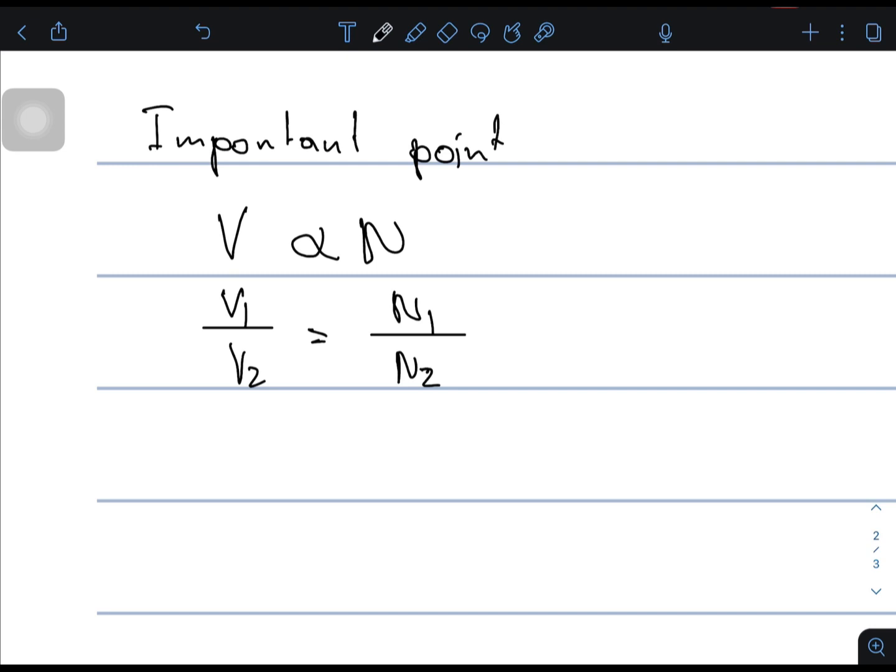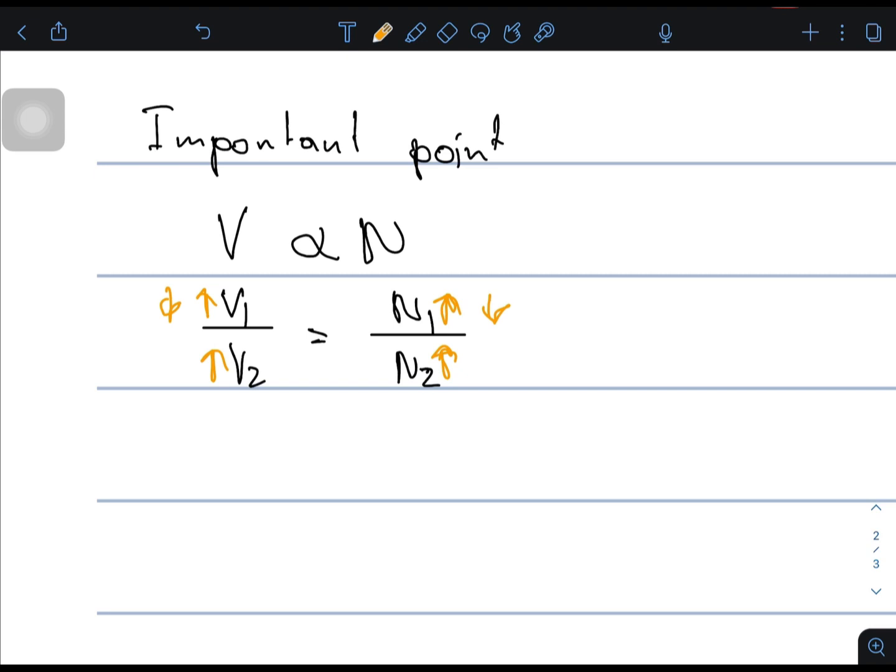It makes a lot of mathematical sense, because if V1 is high, that means N1 is high. If V2 is high, N2 is high. Or if V1 is low, N1 is what? It's low. Okay, those are the important points.